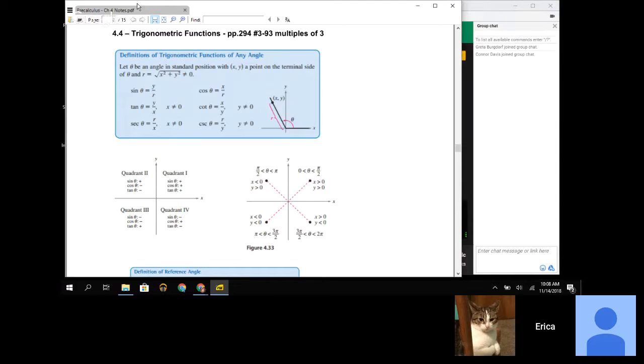All right. So Connor and Greta, up to this point, I should basically say 4.4 isn't anything new. It's just the fact that we're going to extend everything that we've learned up to this point. That's the nice thing. There are a couple of new pieces of terminology, but it's basically the next step from 4.3.